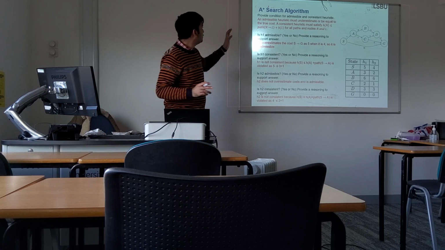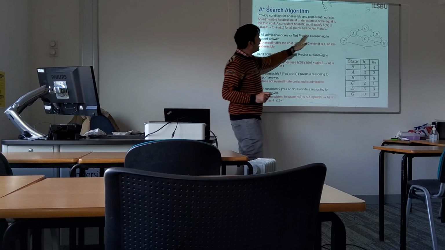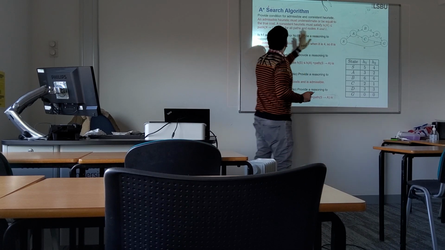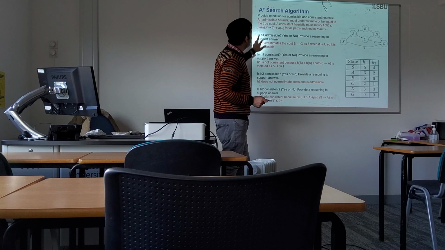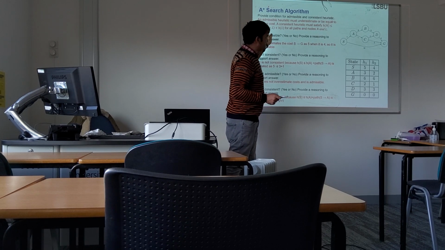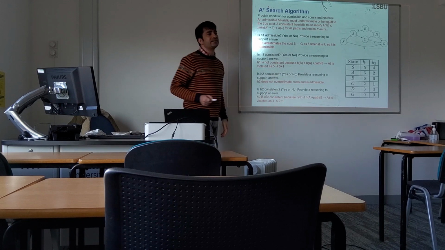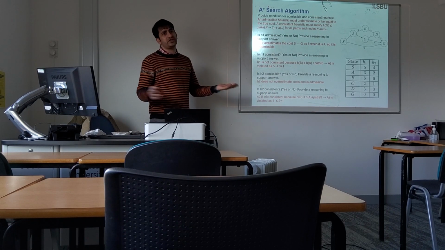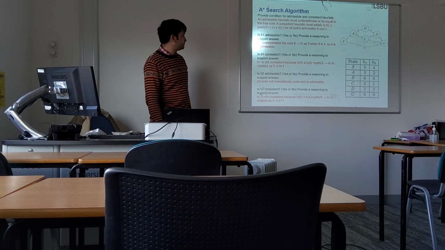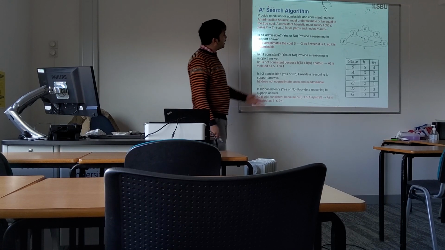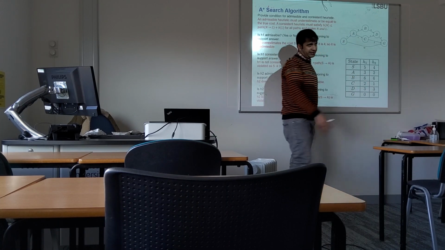And a consistent heuristic is one where, if n is the current node and n prime is the next node, the path cost from this node to the next node plus the heuristic should be greater than or equal to the heuristic of the previous node. So this is the condition for admissibility and consistency. So let's start. You have two heuristics given here.